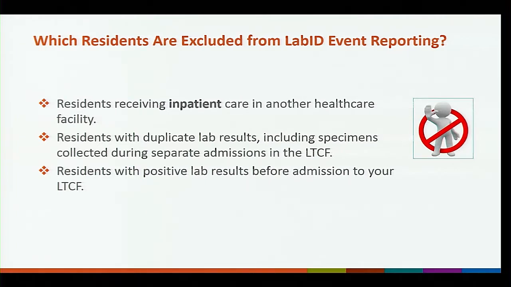For some reason the resident is readmitted back to your facility on day 10 and has another positive specimen, that's considered a duplicate because it hasn't met that 14-day requirement that we're going to talk about. So the 14-day duplicate requirement is across admissions to your facility. And then any resident who has a positive lab result before admission to your facility is excluded from your reporting.